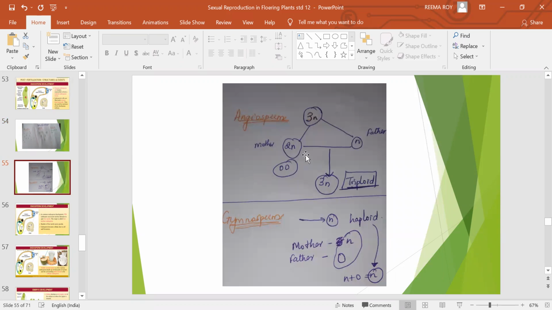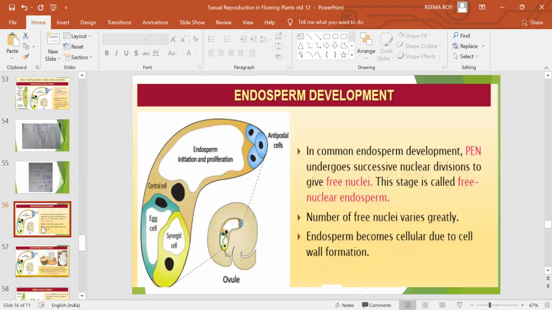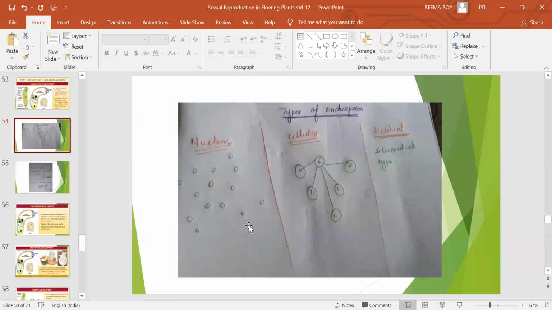So this diagram, first we'll finish this. So in common endosperm development, PEN undergoes successive nuclear divisions to give free nuclear. This stage is called free nuclear endosperm. That means they're talking about this free nuclear.